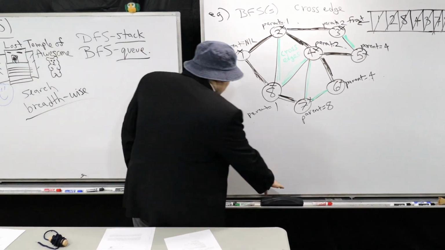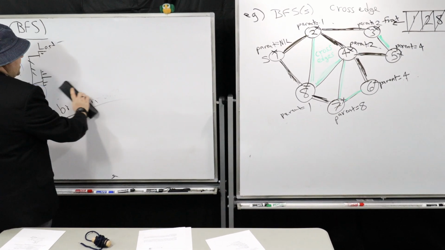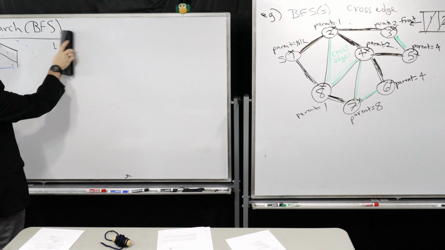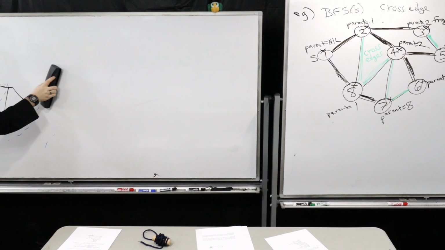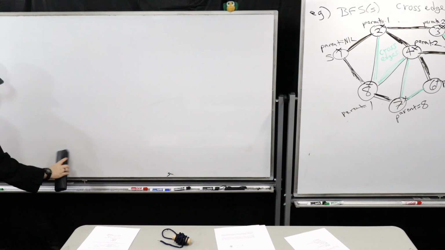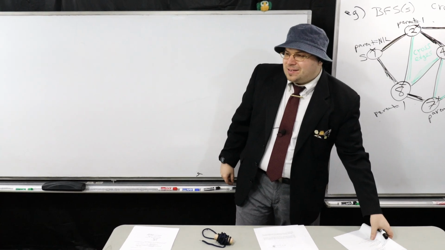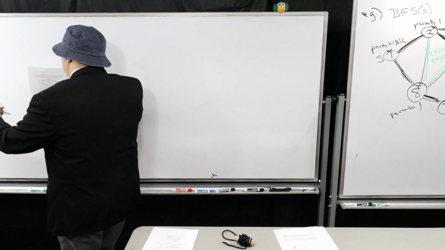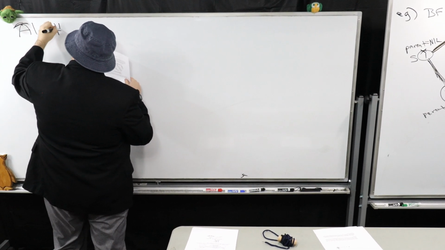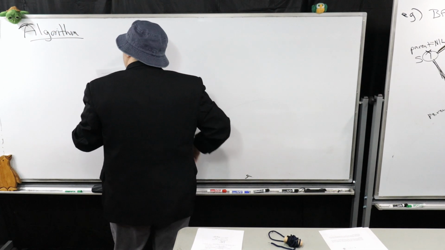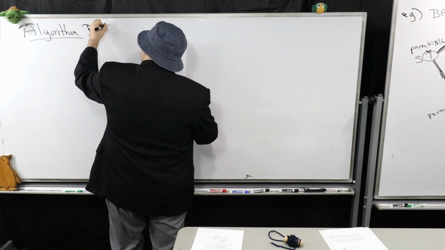Let me write out the pseudocode. You're going to find that it's quite similar to DFS, except for the two differences I talked about. So let's talk about BFS. We've got the algorithm BFS.